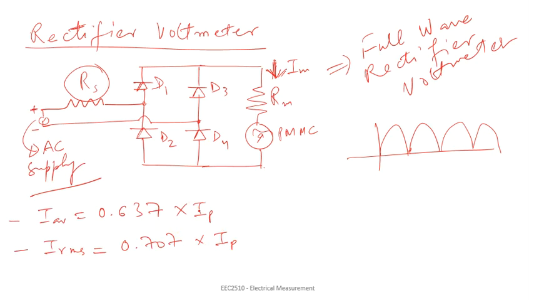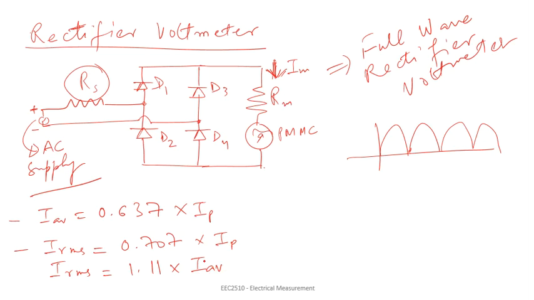So if this is the peak value, then RMS will be 0.707 times the peak, or you can say 1.11 times this average value. So these are the relations between the RMS, average and peak values of the quantity.